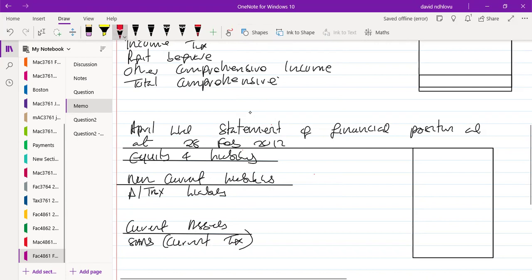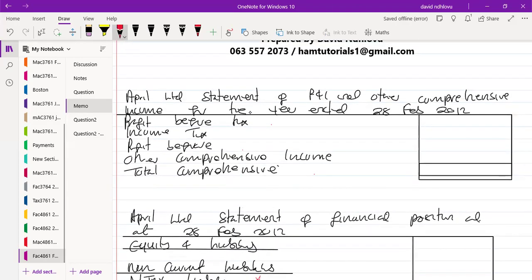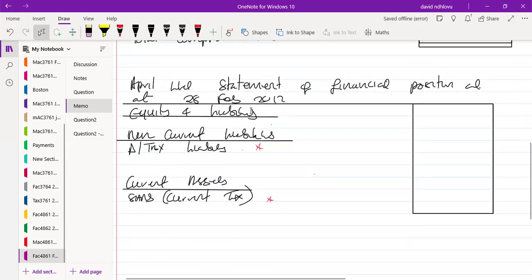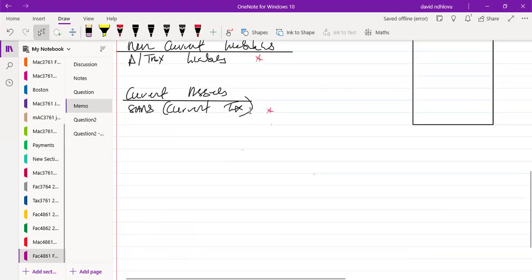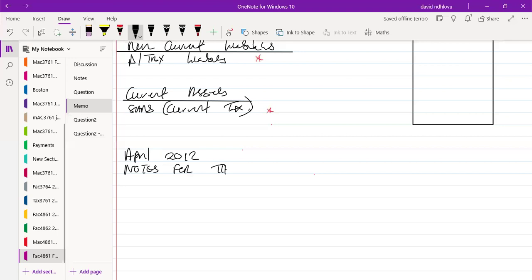So our calculations, we have to look for these figures that go there. We have to look for that figure that goes in income tax. So we'll come back when we have those figures. Then after that, we are going to have April 2012, and then we say notes for the year ended 28 February of the year 2012.